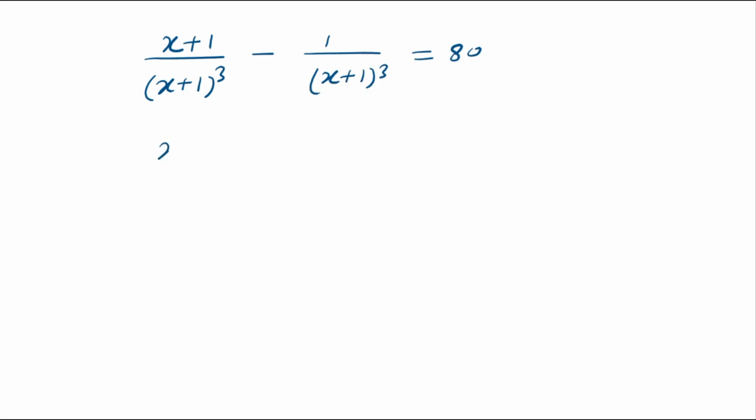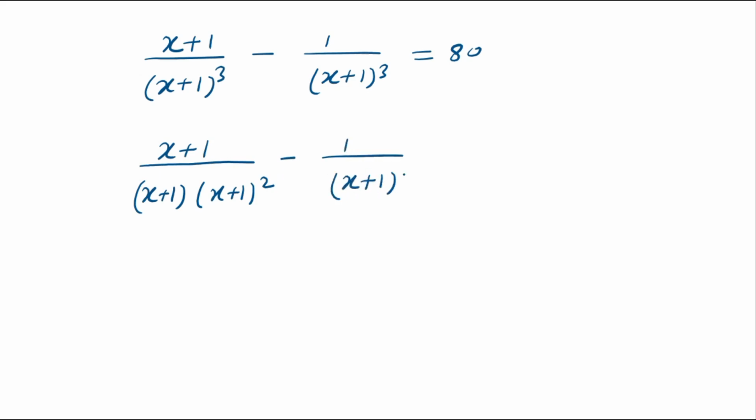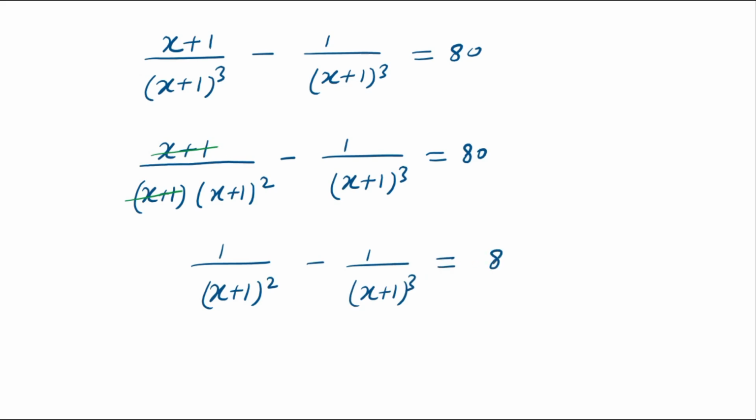Here (x plus 1) divided by (x plus 1) whole cube is (x plus 1) times (x plus 1) whole squared, minus 1 over (x plus 1) whole cube, equal to 80. Here this x plus 1 and this x plus 1 cancel out. 1 over (x plus 1) whole squared minus 1 over (x plus 1) whole cube is equal to 80.